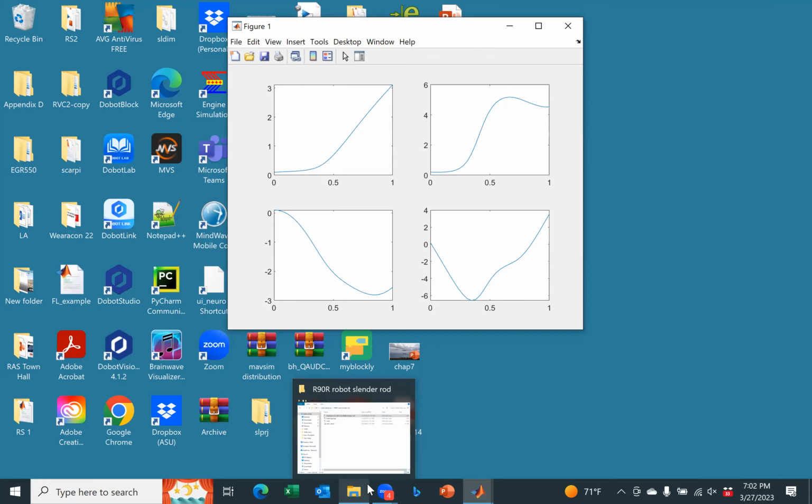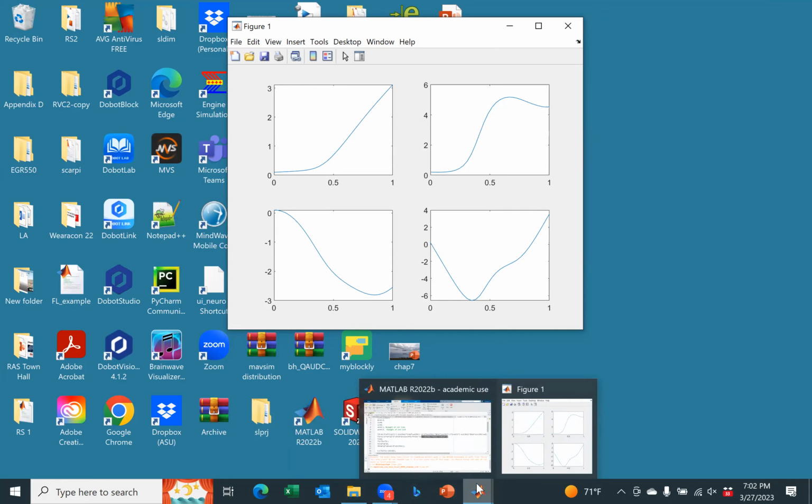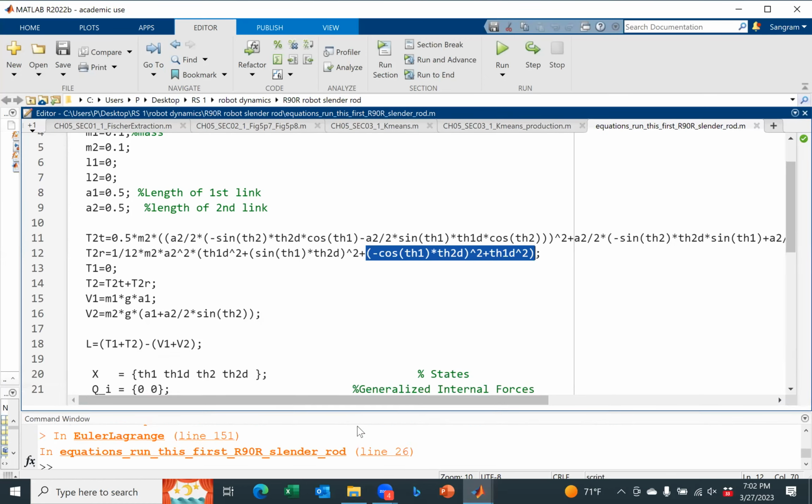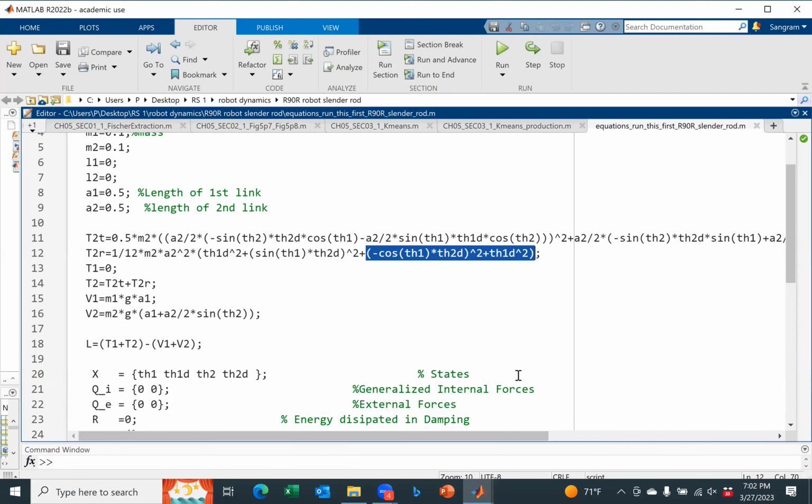So I'm going to show you the code again. And please note that this code is uploaded on Canvas. So you are welcome to go through this code and try to solve this problem on your own.